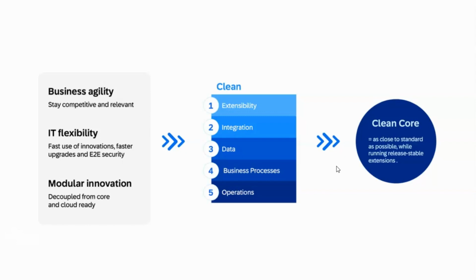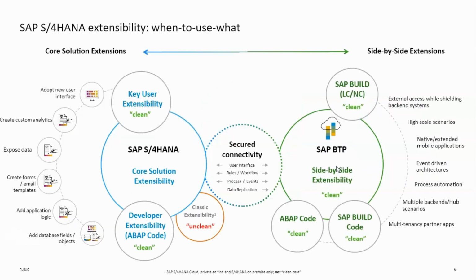So not repeat something that SAP or its partners already offer. Now, by meeting these guidelines, we can reduce the risk that custom extensions disrupt updates to SAP standard offerings.